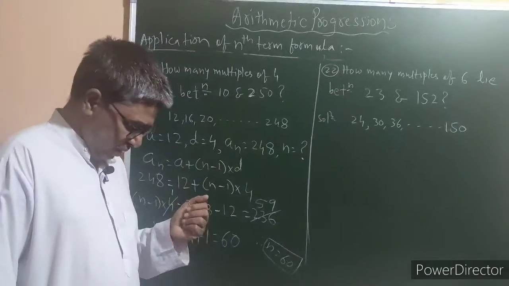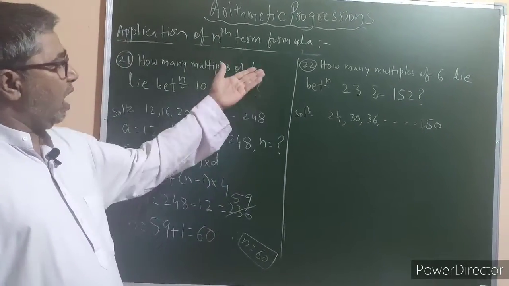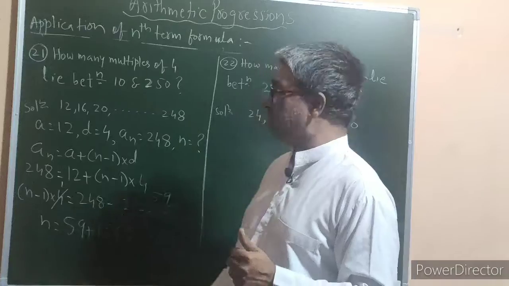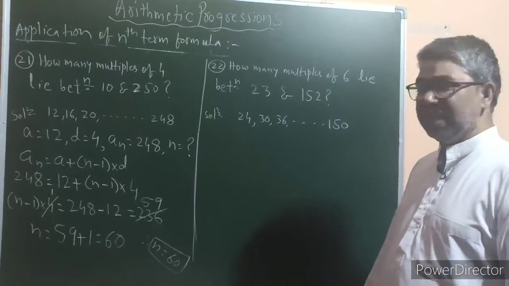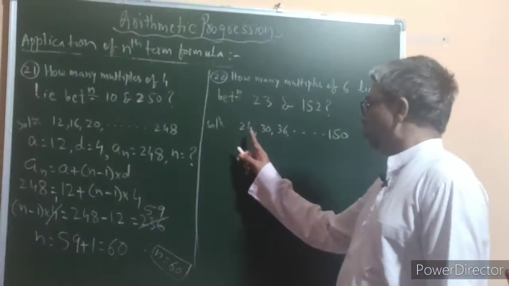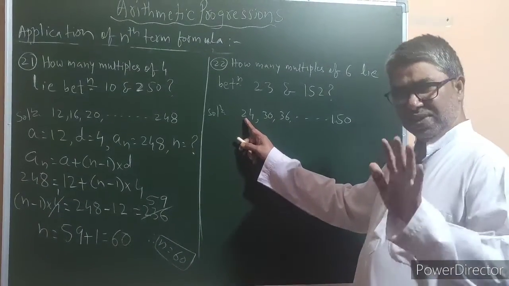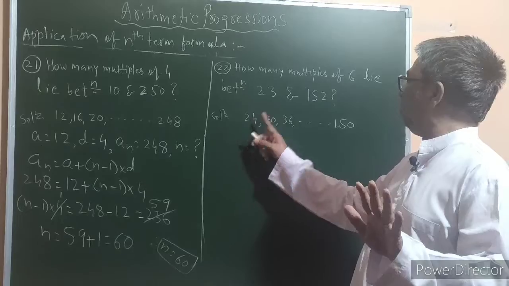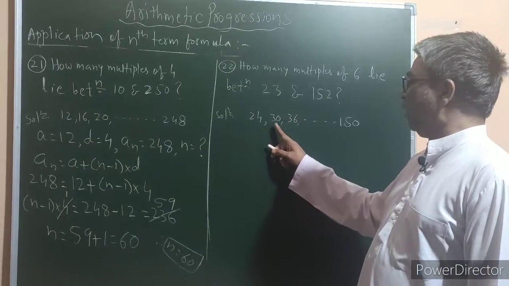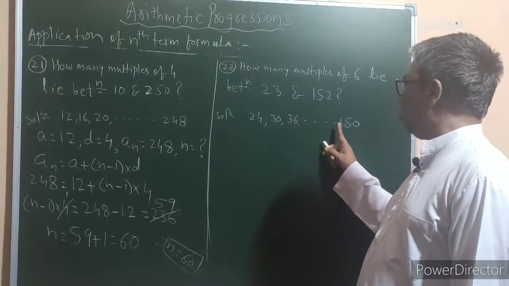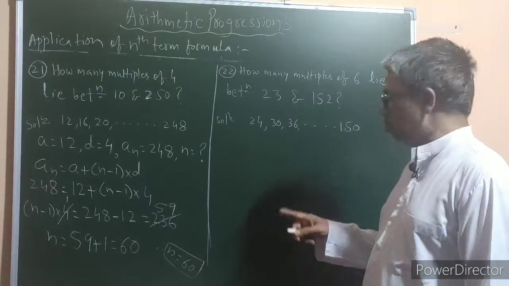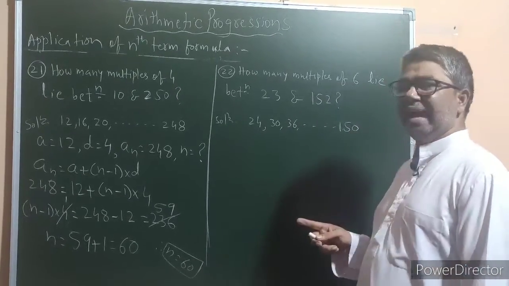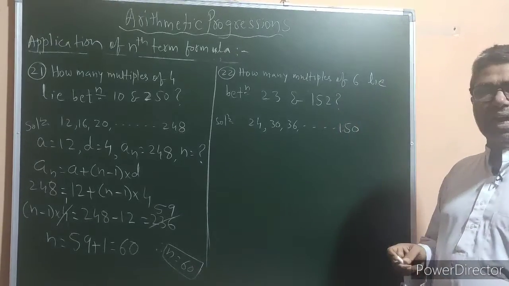Now coming to the same type of example: how many multiples of 6 lie between 23 and 152? So 24 is the first multiple of 6. Then after 24, 30, 36, and so on, and just before 152 the number which is exactly divisible by 6 is 150.